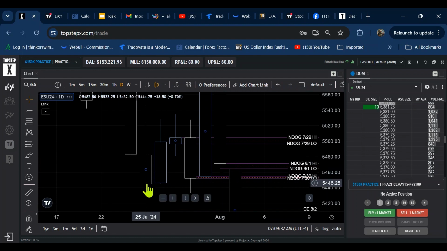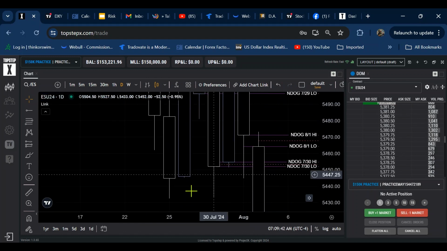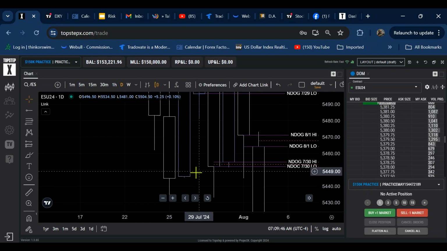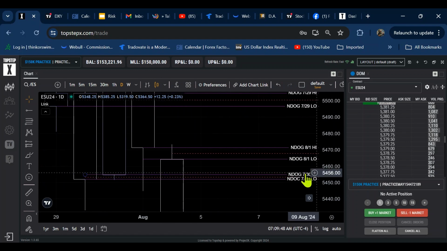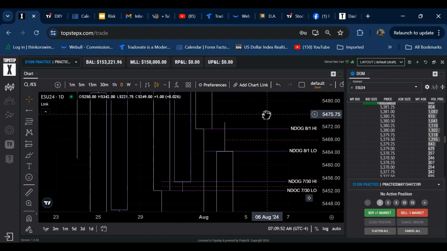So we know this one closed here and then opened right there. So there's a little bit of a gap there between those two bottoms. They're not dead even. So that would be a gap you could annotate. And what I've done here is just gone through and marked.